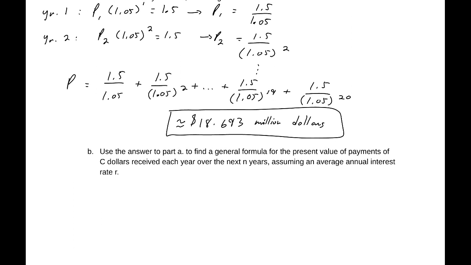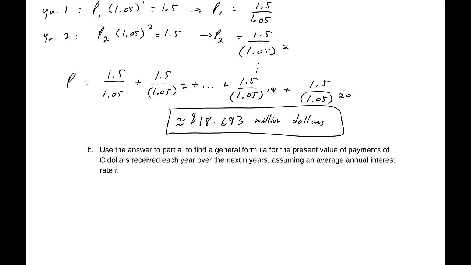Okay, so let's see if we can make this a little more generic. 1.5 was our amount received each year, and the 1.05 was 1 plus our rate.